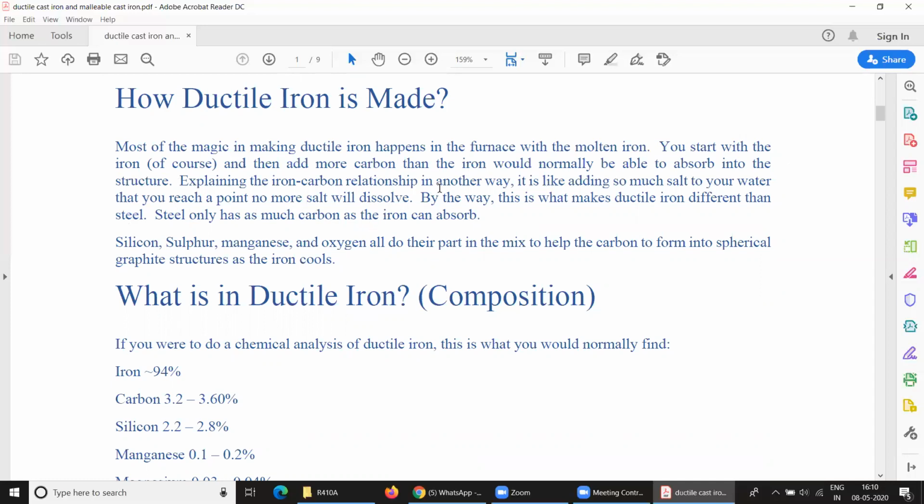So we have a law also in iron carbon structures, the lever rule. This is why ductile iron is different from steel. Steel only has as much carbon as the iron can absorb. Silicon, sulfur, manganese and oxygen all do their part in the mix to help carbon form spheroidal graphite.